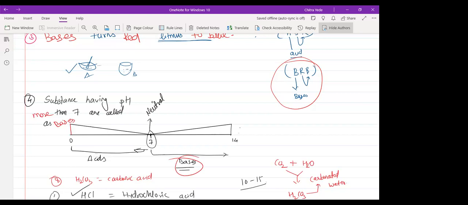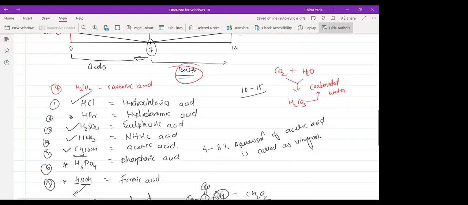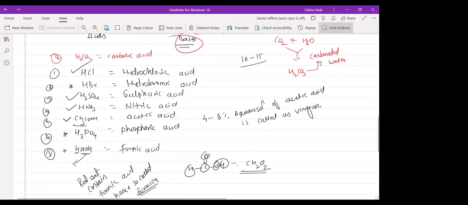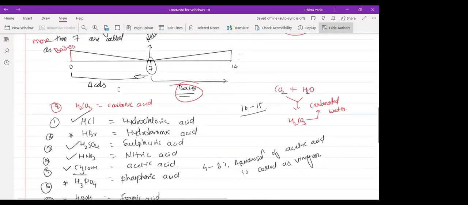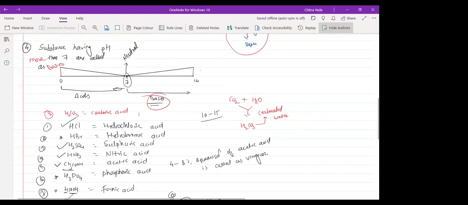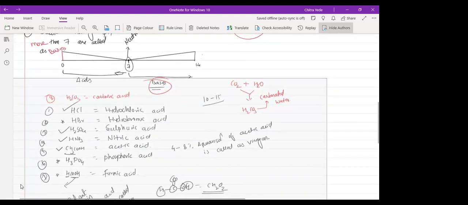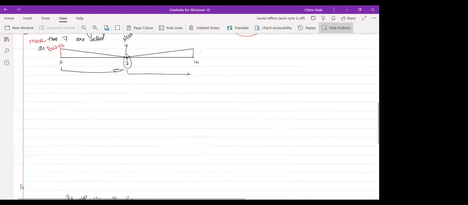Now examples of bases. Let me erase the extra things for acid. First we have sodium hydroxide, NaOH.